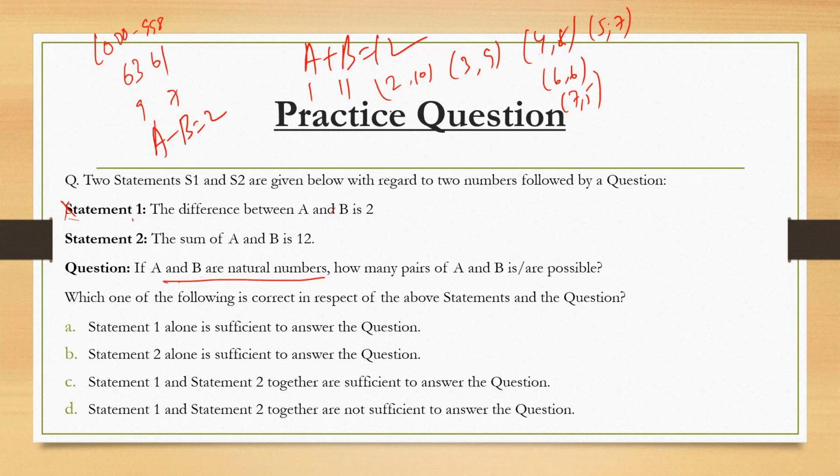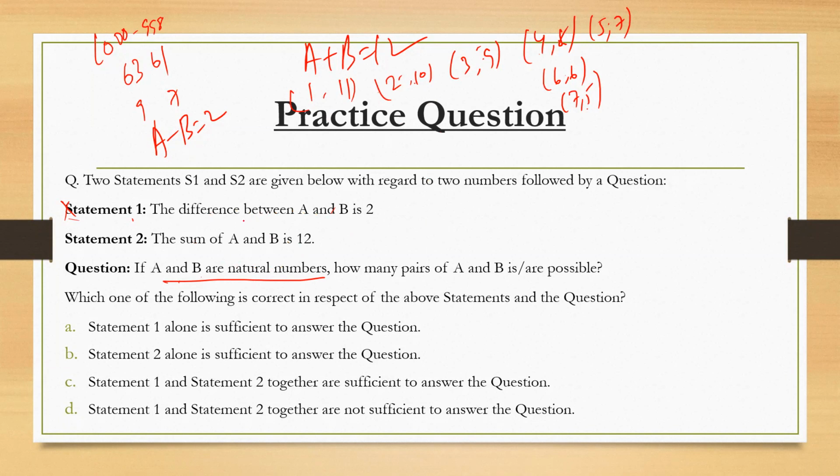Because the nature of a and b is clearly given as natural numbers, this is now defined. How many pairs of a and b are possible? You can count it: 1, 2, 3, 4, 5, 6, 7, 8, 9, 10, 11. So there are basically 11 pairs of a and b which are possible.